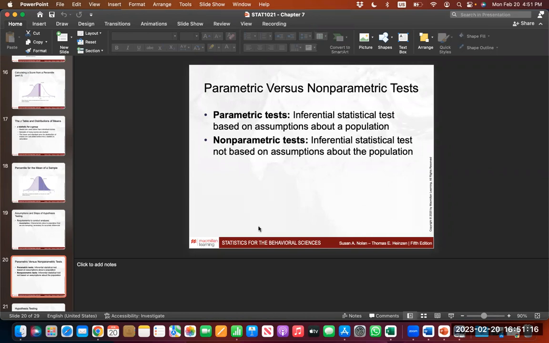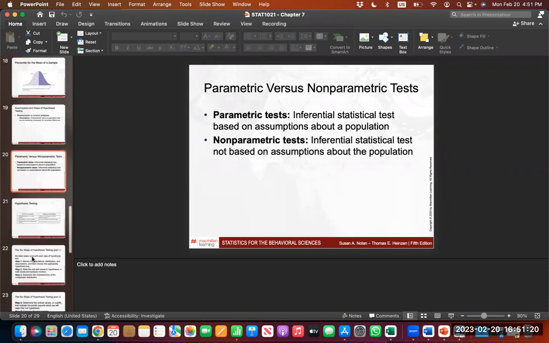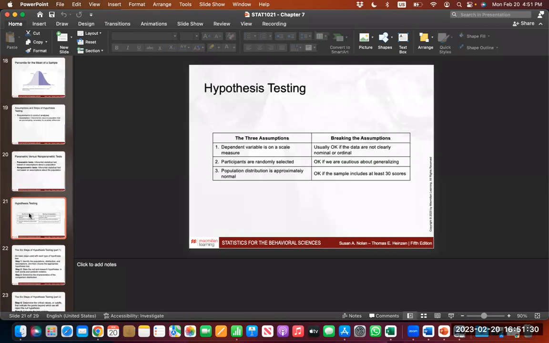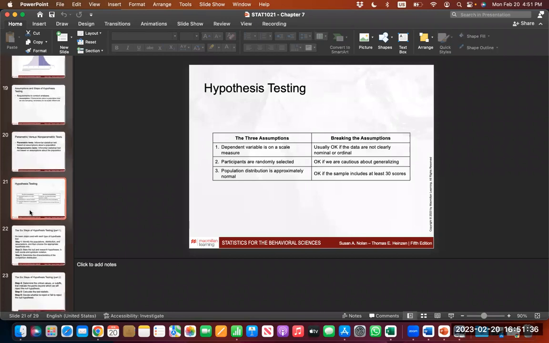And what in essence you want to do, and we talked about this already briefly, we're standardizing these differences between the sample mean and the population mean and estimating the variability of these differences. So we're calculating the sample mean minus the population mean divided by the standard error of the mean.